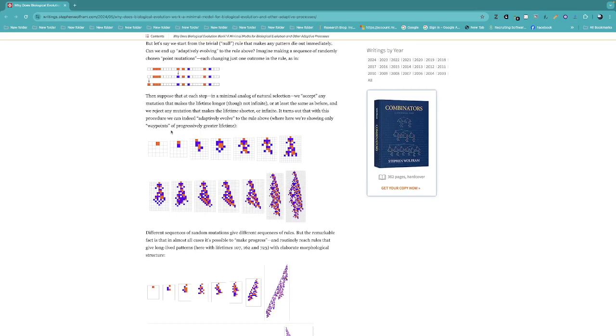Here we're showing only waypoints of progressively greater lifetime. So in this example here, we have a single red cell. We end up with this multi-state agglomeration which grows and continues to grow and expand across the grid. And so we can see this at the final step here, where we have this very complex structure.